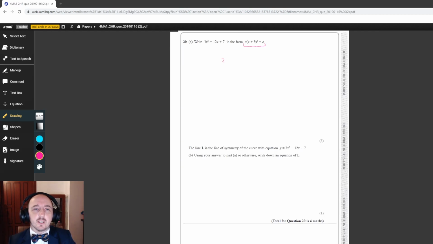And the x squared, so we're going to factor that out first, like that. And then we can complete the square on the thing inside the bracket. So I'm just going to do that in a different color. So x squared minus 4x, sorry, x minus 2 all squared.